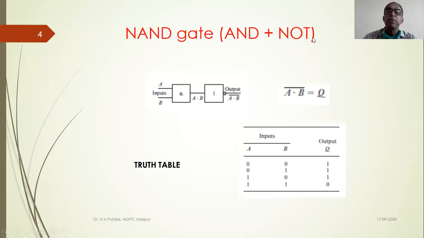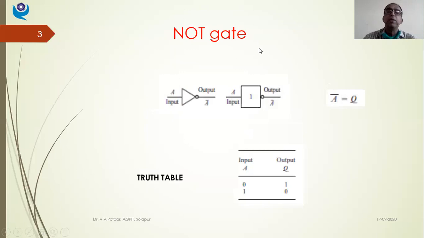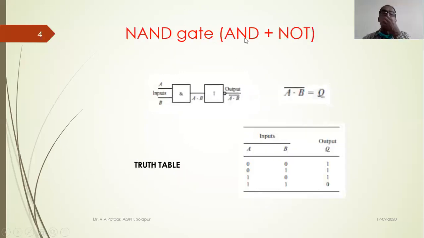AND plus NOT. So what was the NOT gate doing? It was just doing inversion. And what will the NAND gate do? Whatever output I'll be obtaining through AND, the NOT gate will simply invert it. Getting it or not? Whatever output I'll be getting through the AND gate, the NOT gate will invert that output.